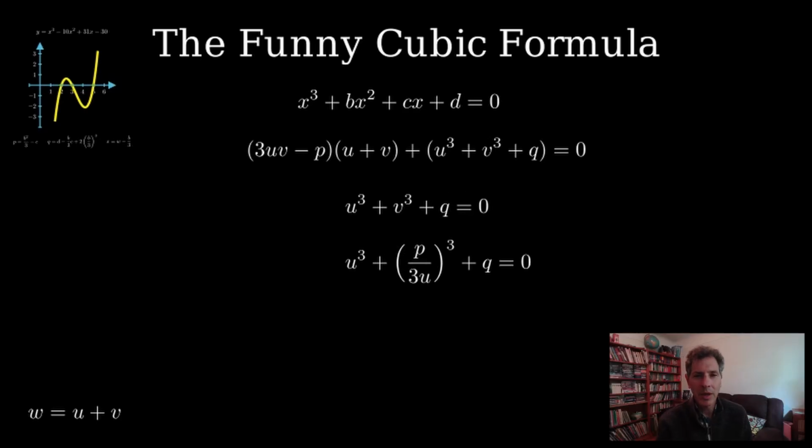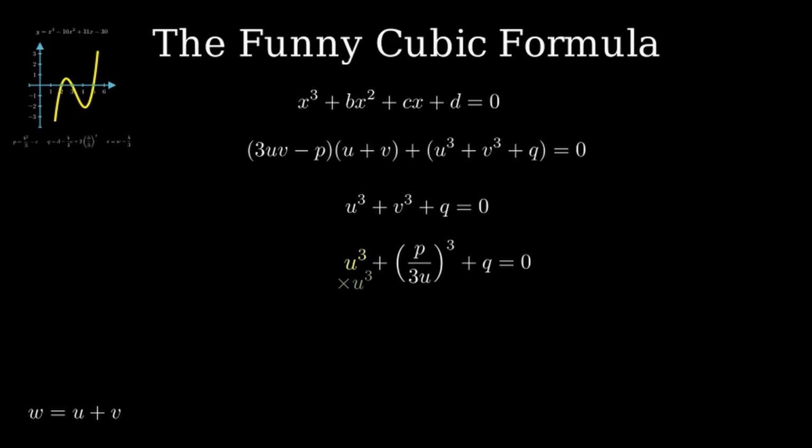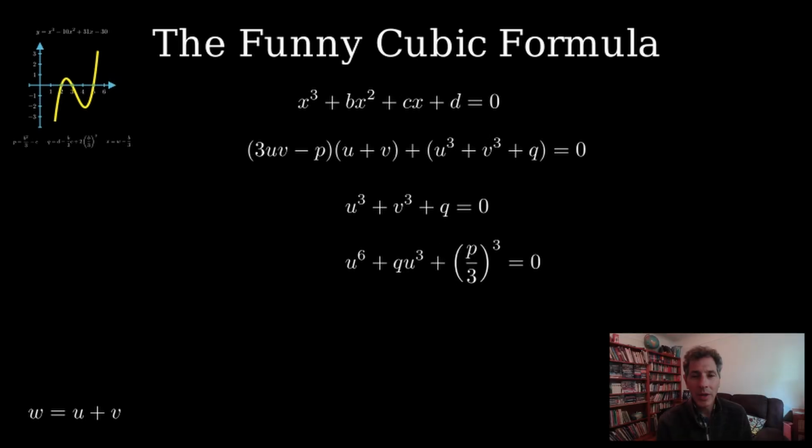Next, we multiply every term by u cubed. We can then see that this is simply a quadratic equation in u cubed. We can see this by imagining that u cubed equals x, and we can therefore solve this equation by using the quadratic formula.